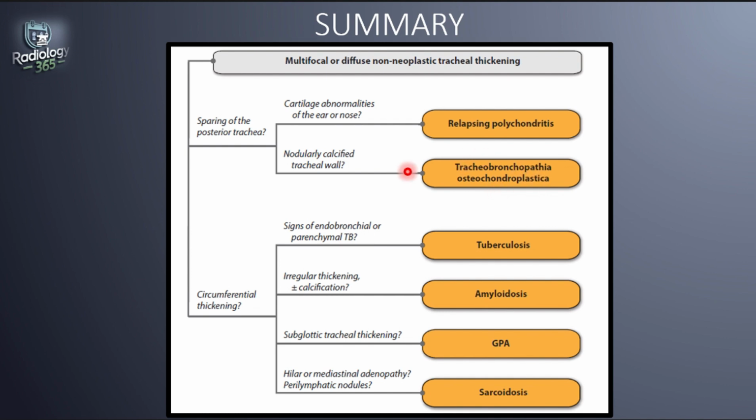This one would appear nodular and with calcified tracheal wall, and this one would cause smooth thickening of the cartilage, may calcify and also enhance, and it also affects other cartilaginous areas, the nose, the ear, the joints, and so on. Therefore, the ones that cause circumferential thickening involving the posterior membranous trachea, you have tuberculosis, you have amyloidosis, you have granulomatosis with polyangiitis, and sarcoidosis, which are all rare, but there.